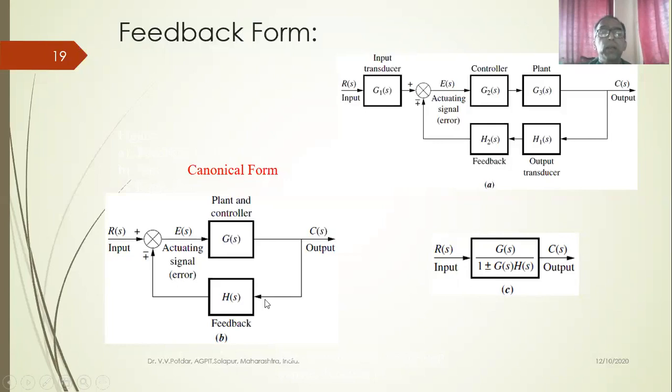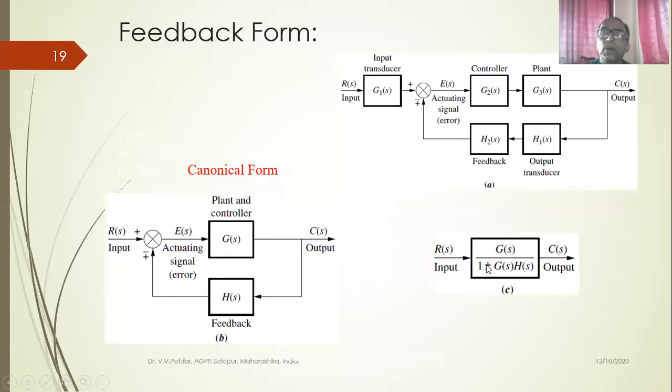For this canonical form of a closed loop control system, the transfer function is given as numerator: the forward block element G(s), divided by 1 plus or minus G(s) H(s).